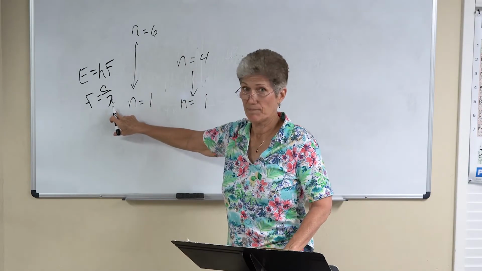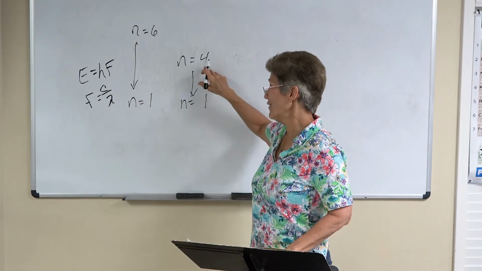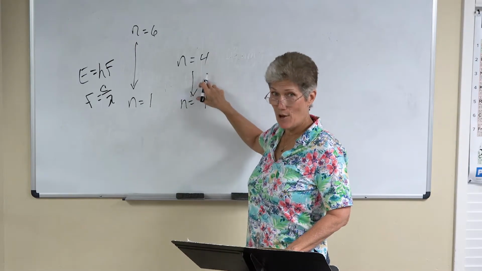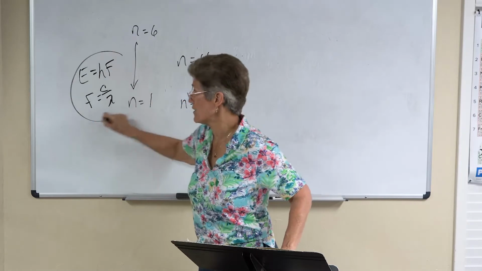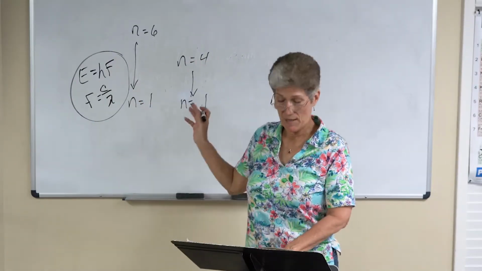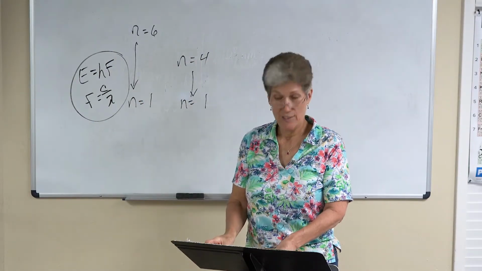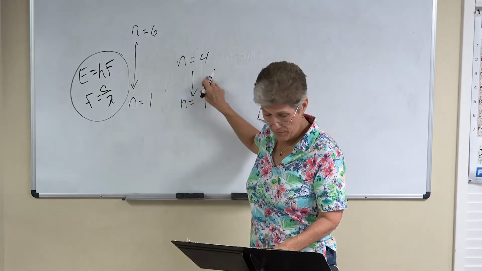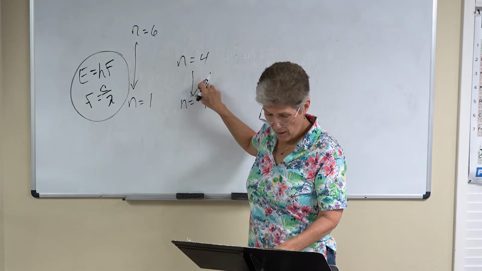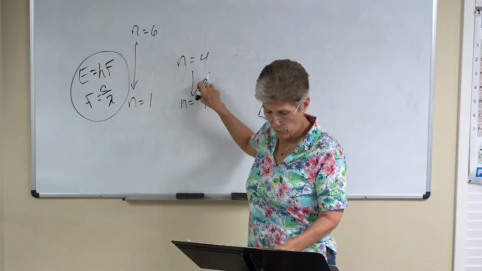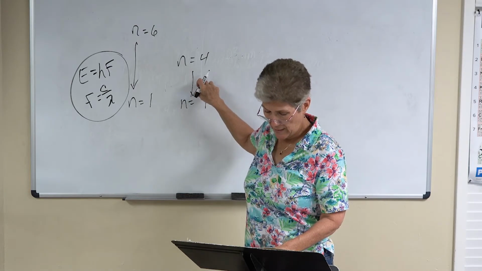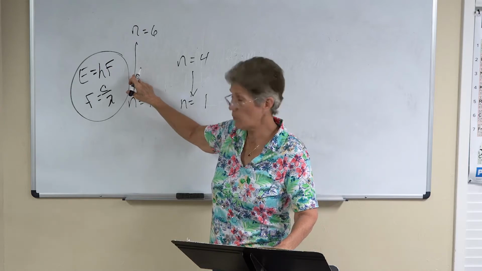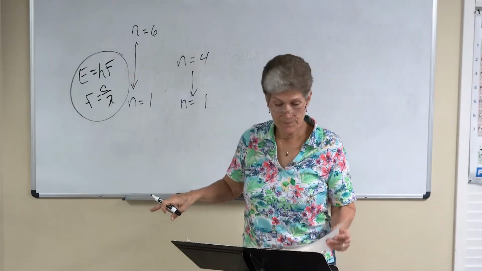This would be lower energy, lower frequency, longer wavelength because of this. So we should be able to figure it out there. Okay, so the answer was that the electron that did this jump had the longer wavelength photon, and the one that did this one released a photon with the higher frequency.